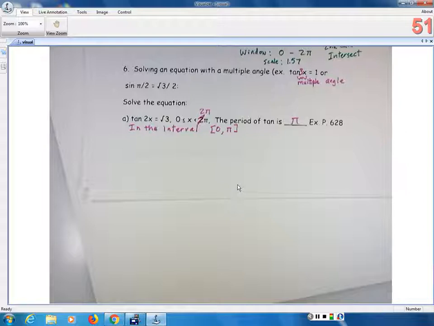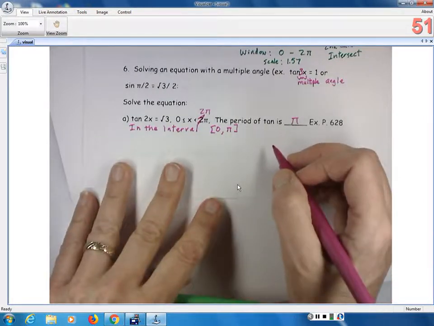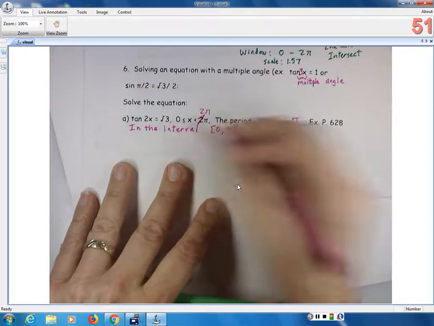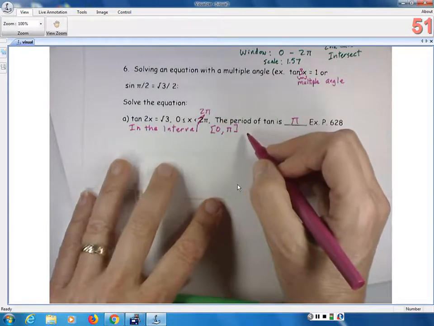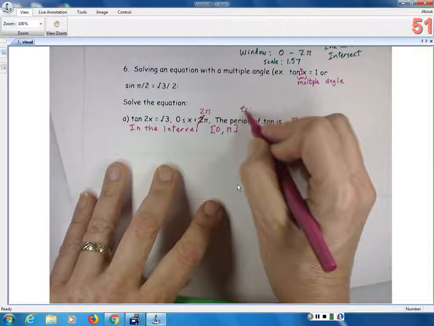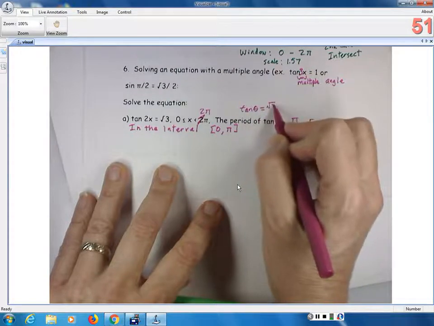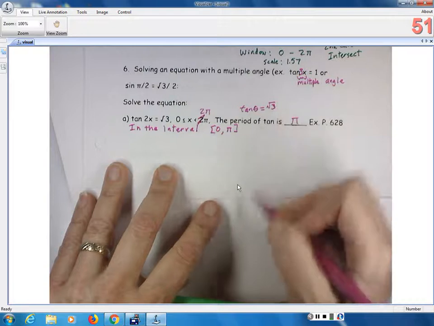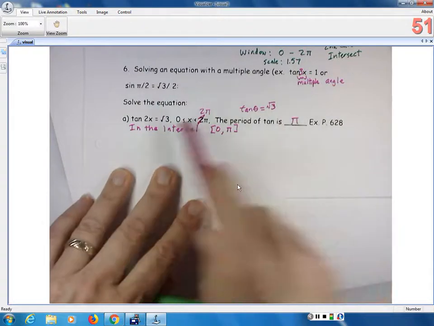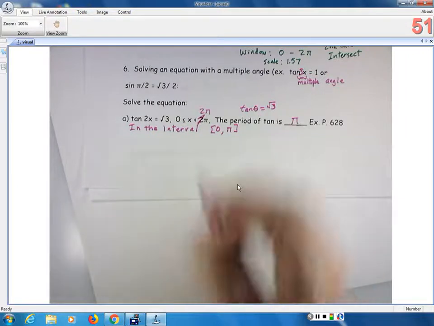If you're in that interval, you're looking at where tangent theta equals square root of 3. You can't move the 2 over toward it. You're looking at, in the interval 0 to pi, this is going to be 2 pi.